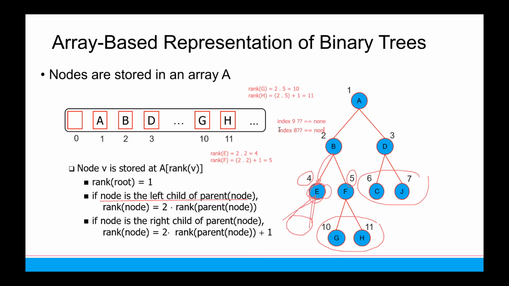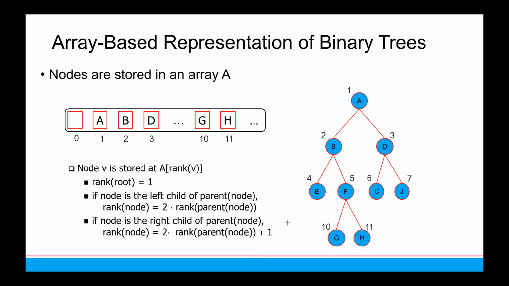Also none. This is a proper binary tree, but if there are some nodes which are not available like this, then it means empty in the array. This is how to do binary trees with an array.